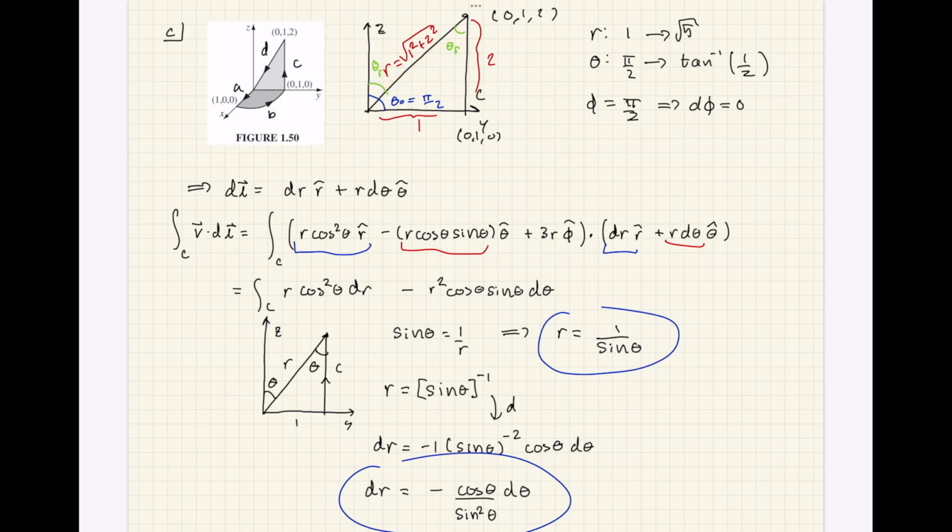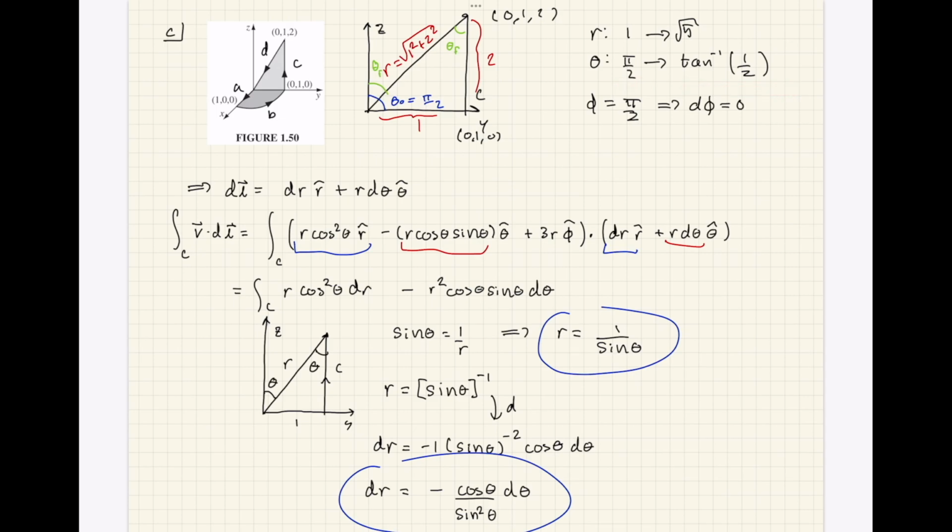So our r goes from 1 to the square root of 5. Our theta starts at pi halves, and we end at whatever this angle is over here. I marked it as theta final. Since we know the length of this and the length of this, we can use tangent to find that angle. So our theta goes from pi halves to this angle over here.